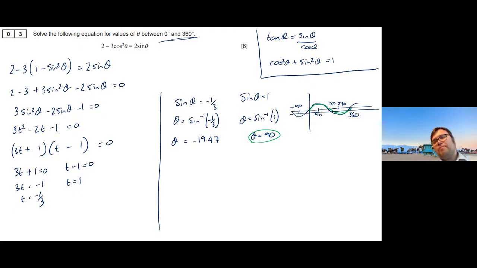Working with the graph, I can see that I need that point there and that point there, which would give me 180 plus 19.47, which is 199.47, and it'll also give me 360 minus 19.47, which is 340.53.